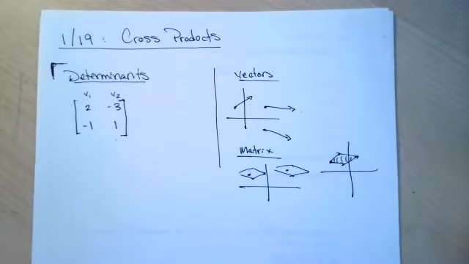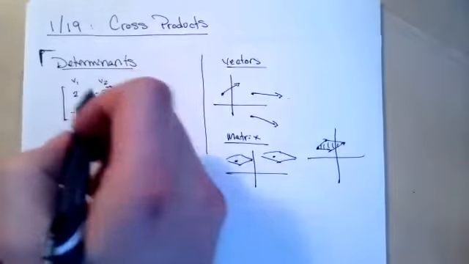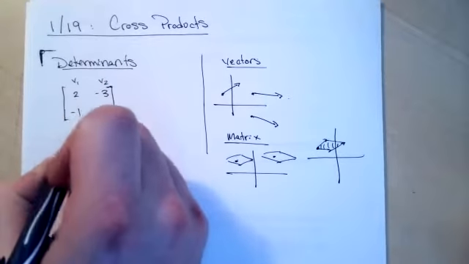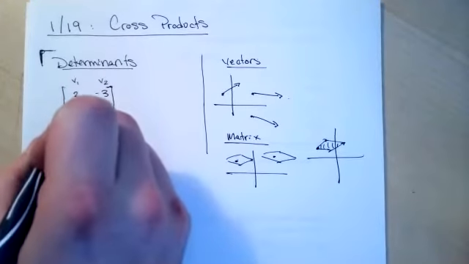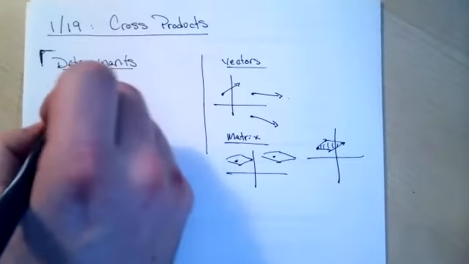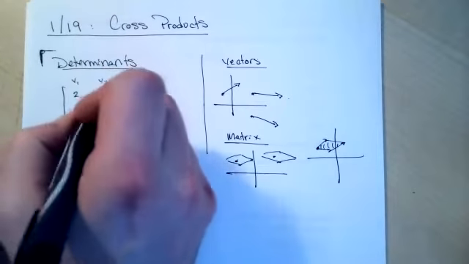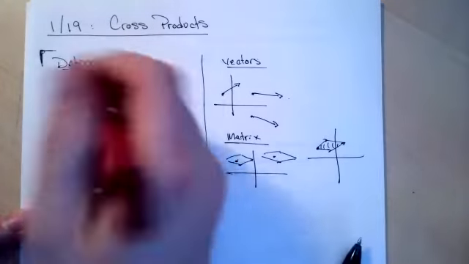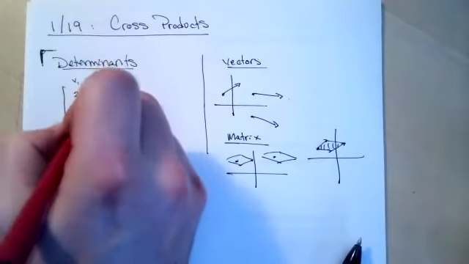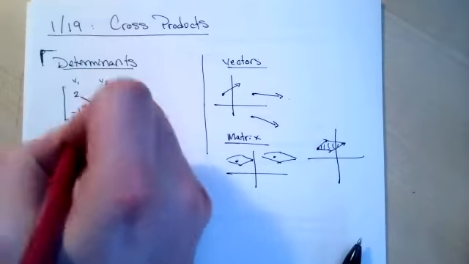The primary information you guys need to know, especially with just determinants, is how to compute them. And then we'll see how they're used in cross products. So what we have to do with a 2 by 2 determinant is multiply the diagonals. We're going to take the difference of the multiplication of the diagonals.